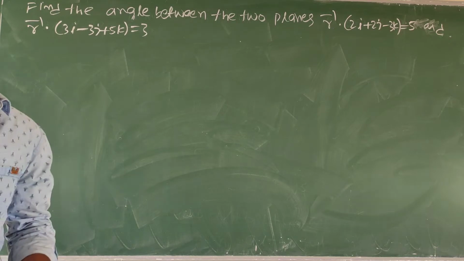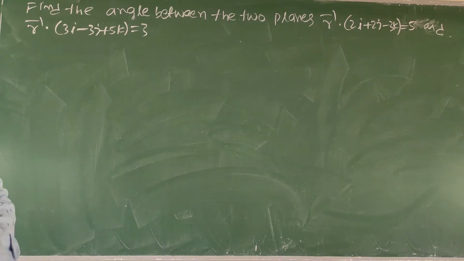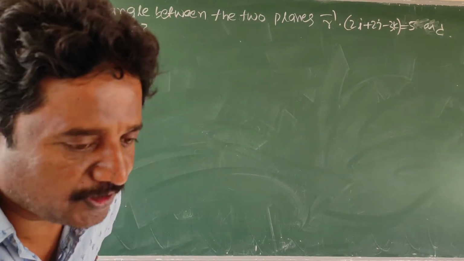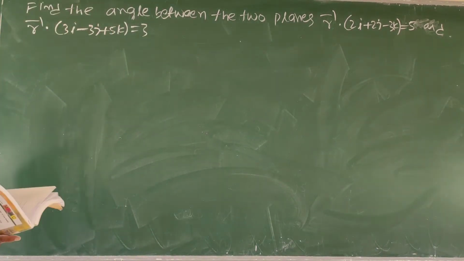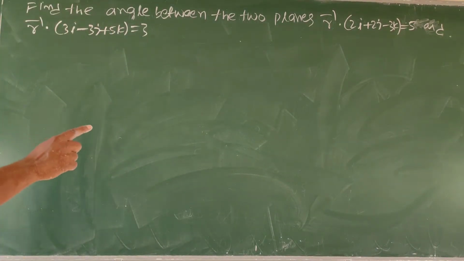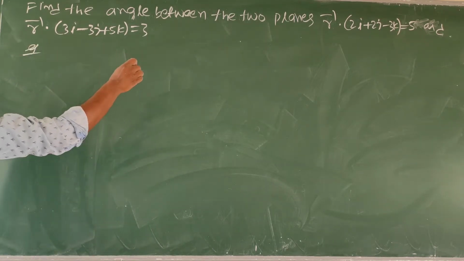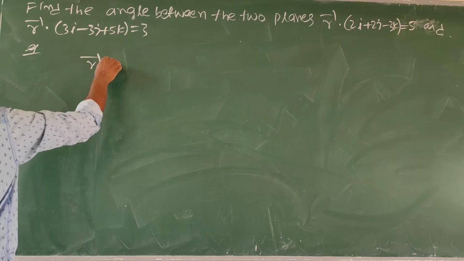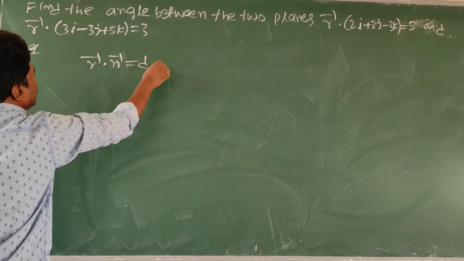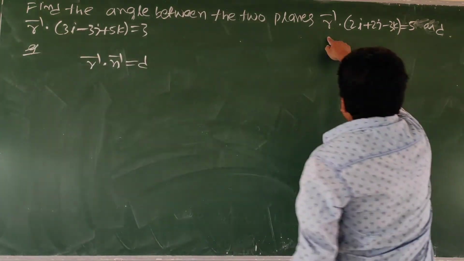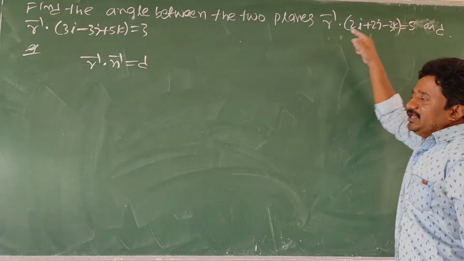Look at that given question carefully, friends. In the question, planes are given. Solution. The planes are given in the form r dot vector n is equal to d.